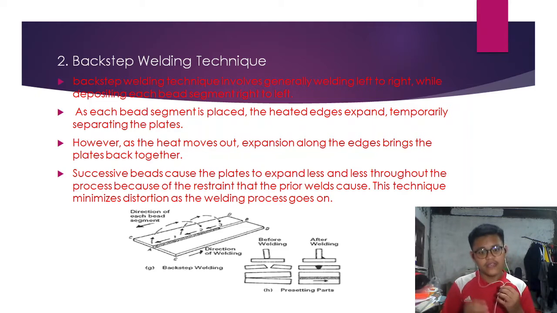However, as the heat moves out, contraction along the edge brings the plates back together. Successive beads cause the plates to expand less throughout the process because of the restraint that the prior welds cause. This technique minimizes distortion as the welding process goes on.